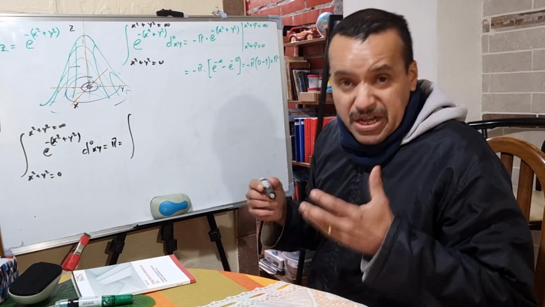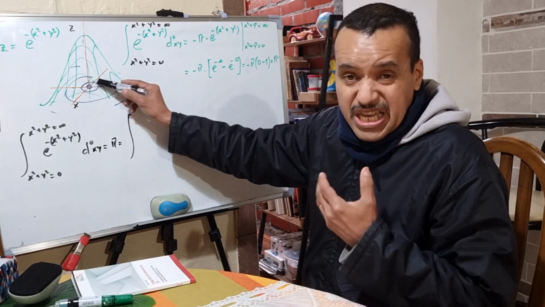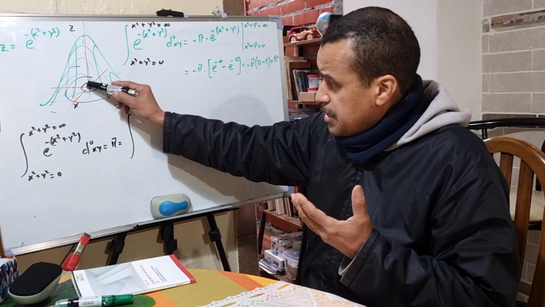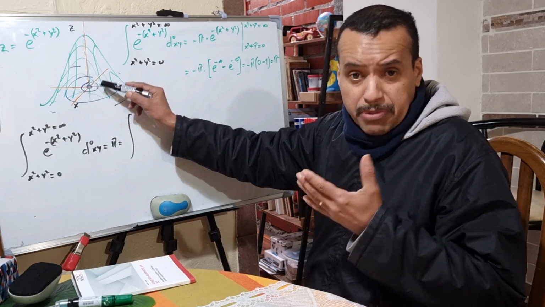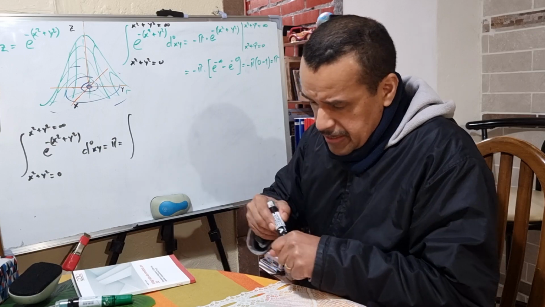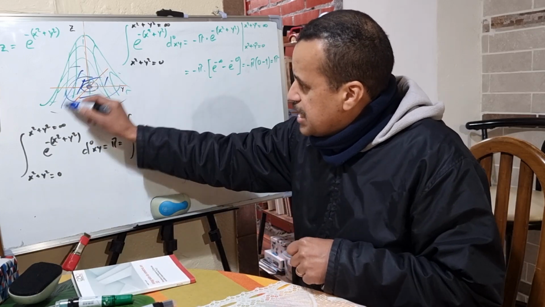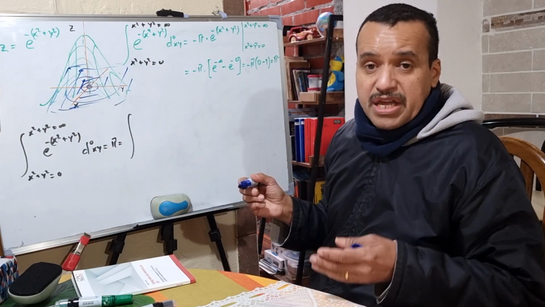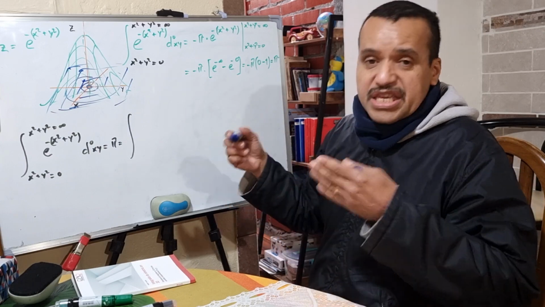It doesn't matter what the shape of that figure in the plane xy is. We can replace that shape with a square expansion, and the definite integral is going to be the same.